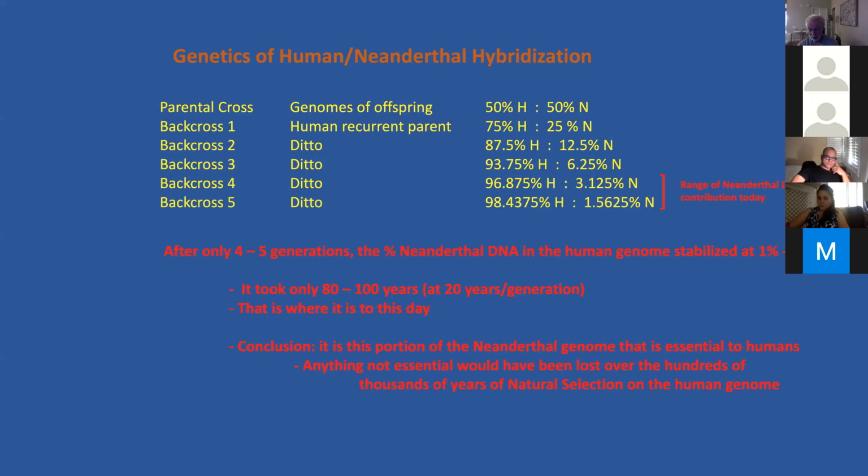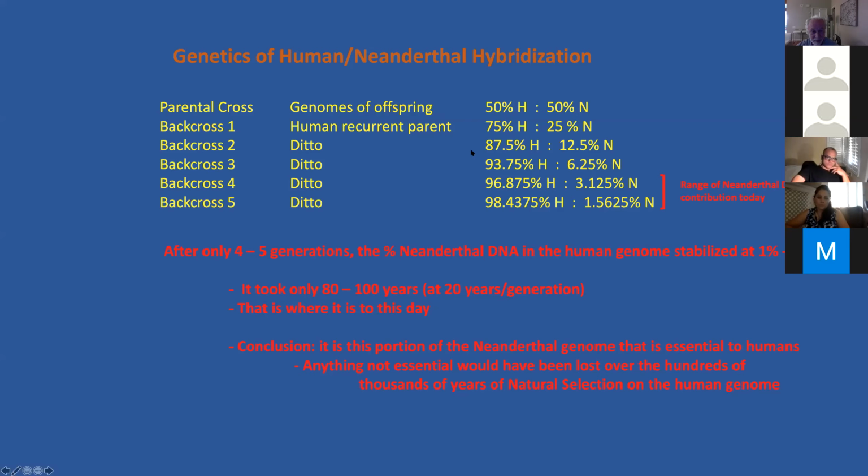However, those that mated with humans and continued to backcross to humans became us, where we are today. So after backcross 1, between an F1 and a human parent, the genome of that offspring is 75% human, 25% Neanderthal.